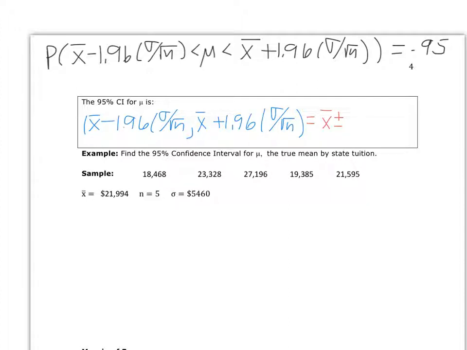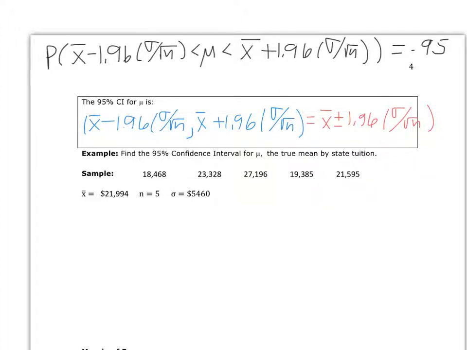When we have the plus or minus together, we're saying we want to do both of those things. So we did it. We came up with the 95% confidence interval for the population mean mu.